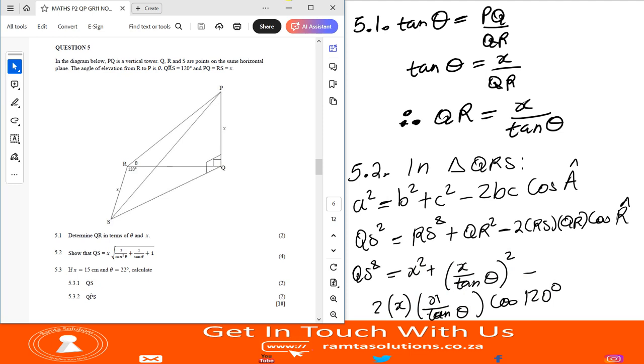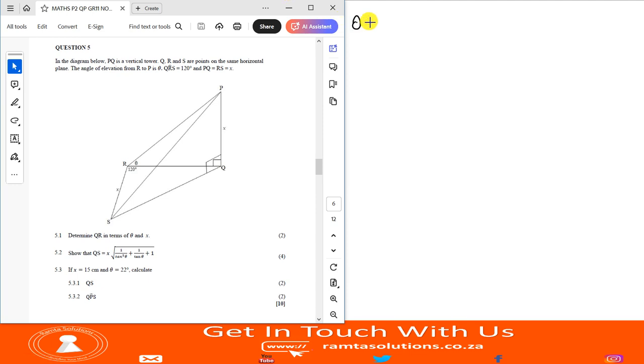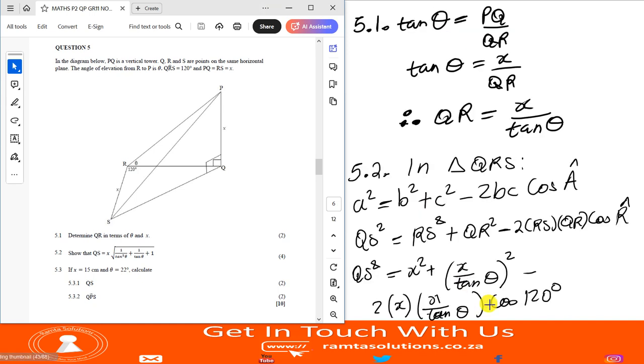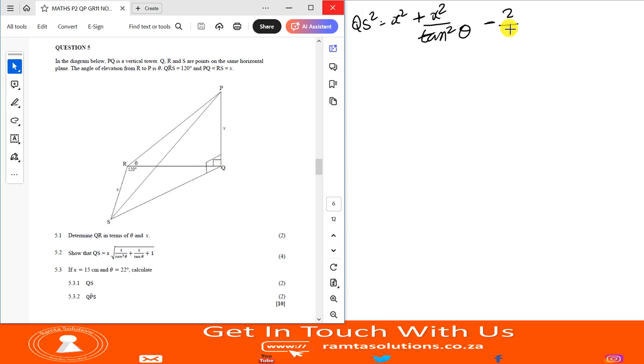Proceeding. Now, QS squared will be x squared plus x squared over tan square theta, isn't it? This will be minus 2x squared over tan theta.